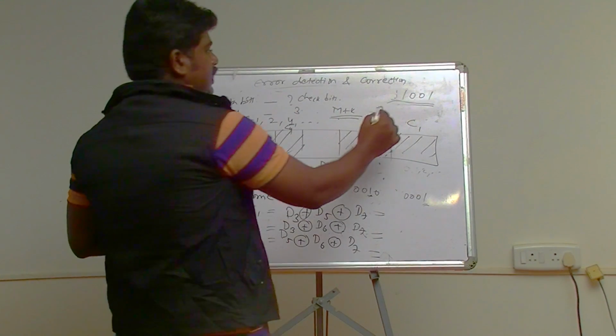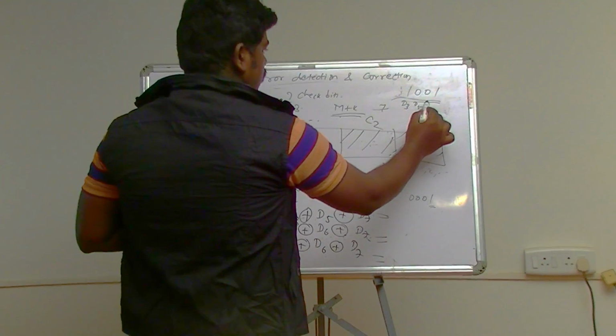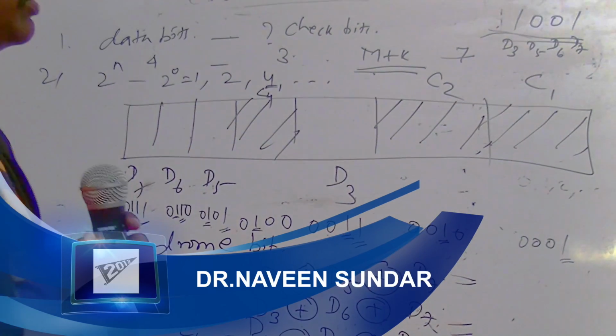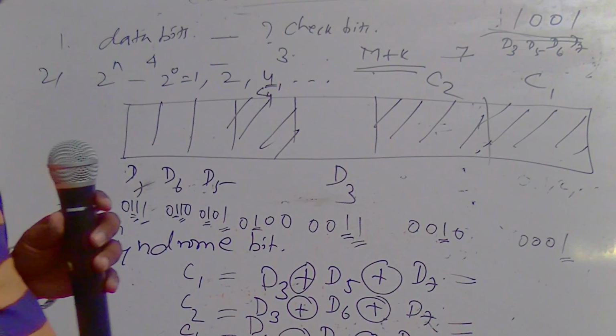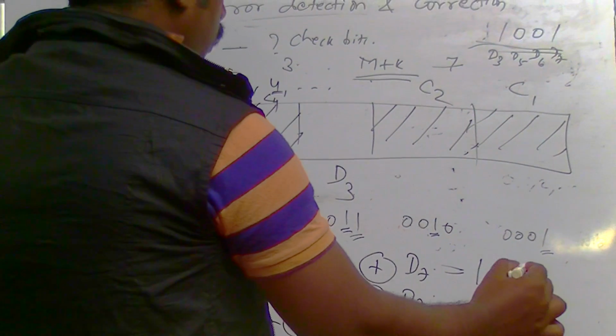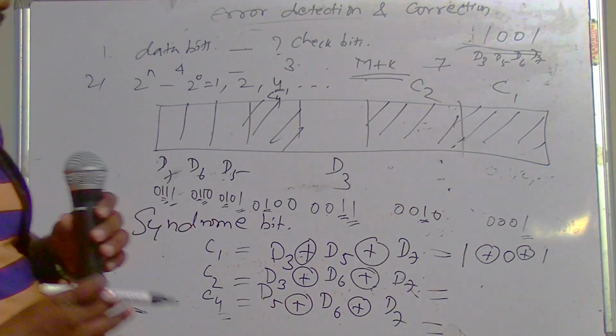Here we consider D3, D5, D6, and D7. Substitute the value of D3 here: you get 1, the next D5 is 0, and D7 is 1. Just find the exclusive OR.